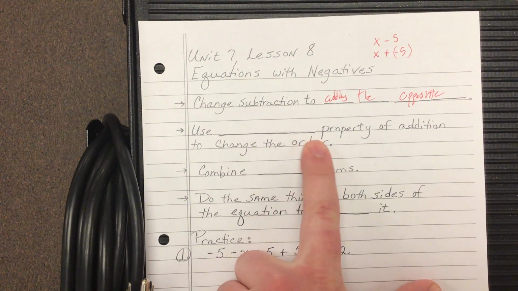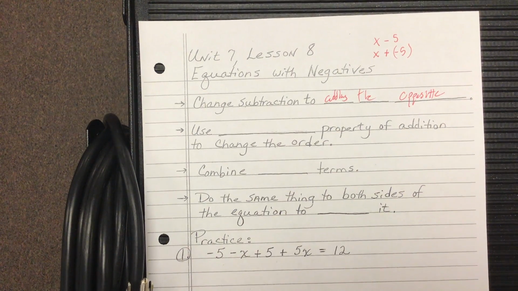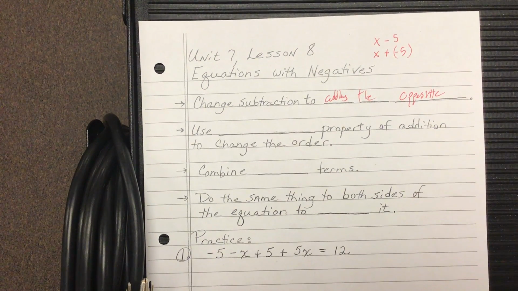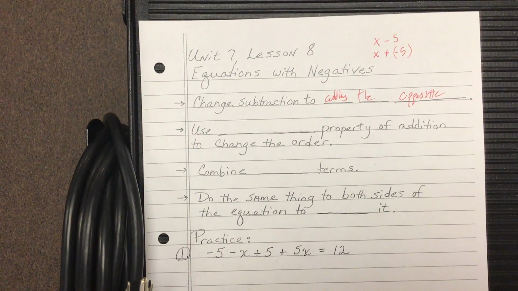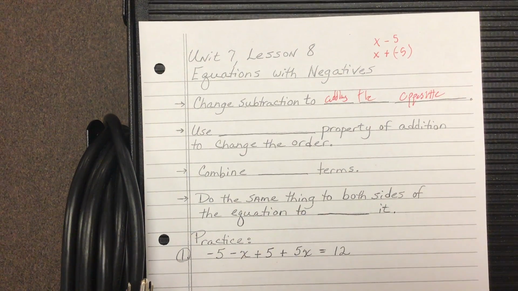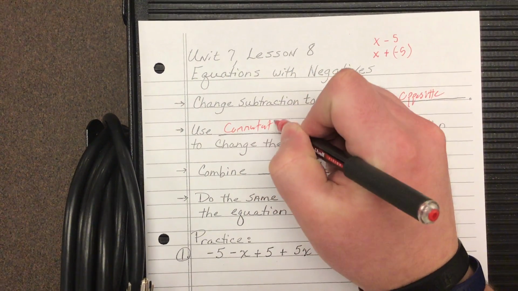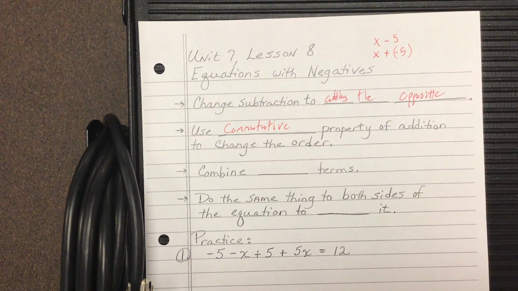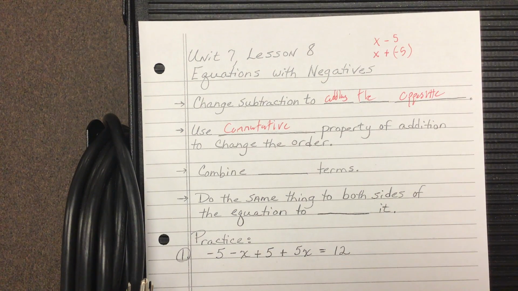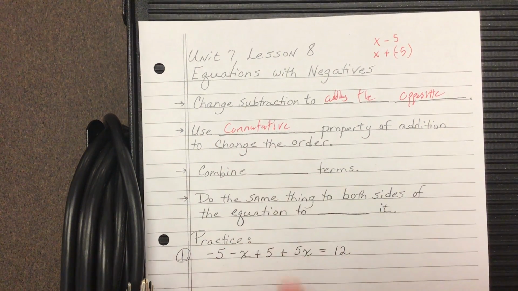Now we're talking about a property. In this one it says, use what property of addition to change the order? Do you remember what property changes the order? The commutative property. Commutative property is when we change the order.